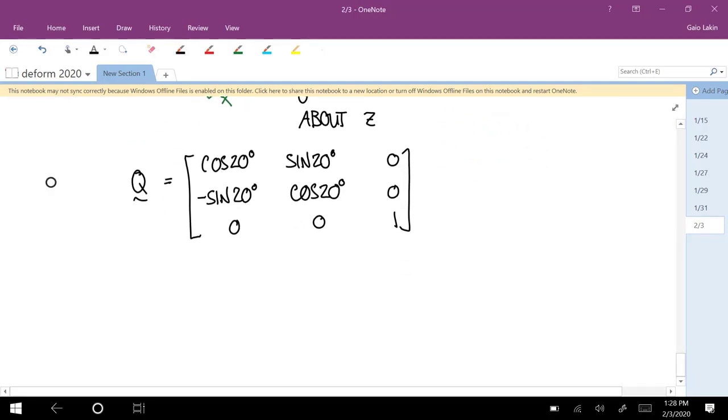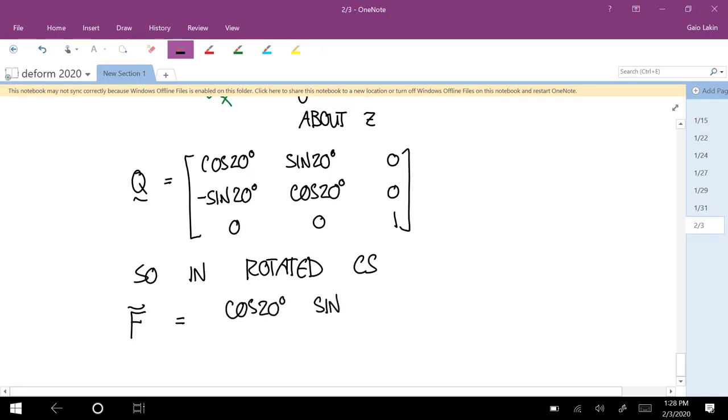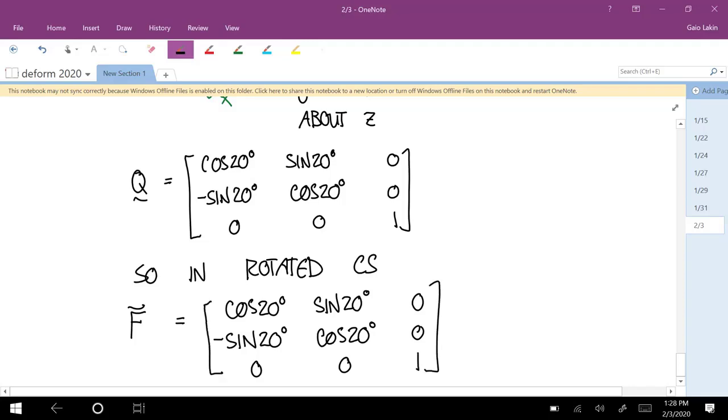And so in the rotated coordinate system, that weight force is cosine of 20, sine of 20, 0, negative sine of 20, cosine of 20, 0, 0, 0, 1, times our original vector, 0, negative mg, 0.